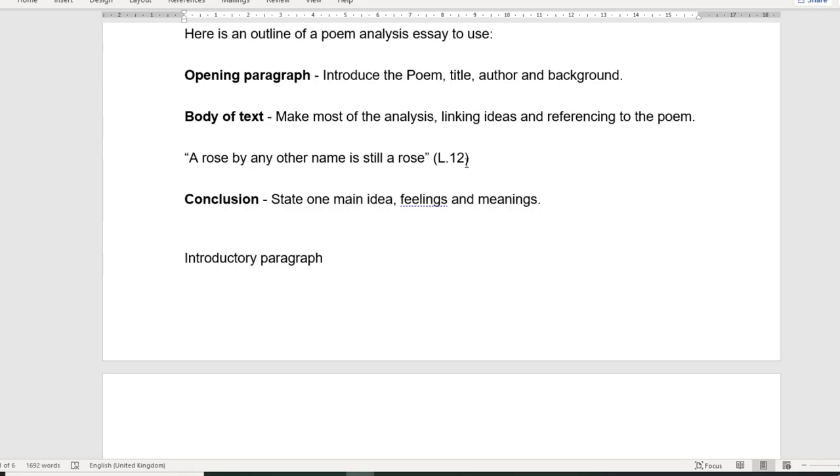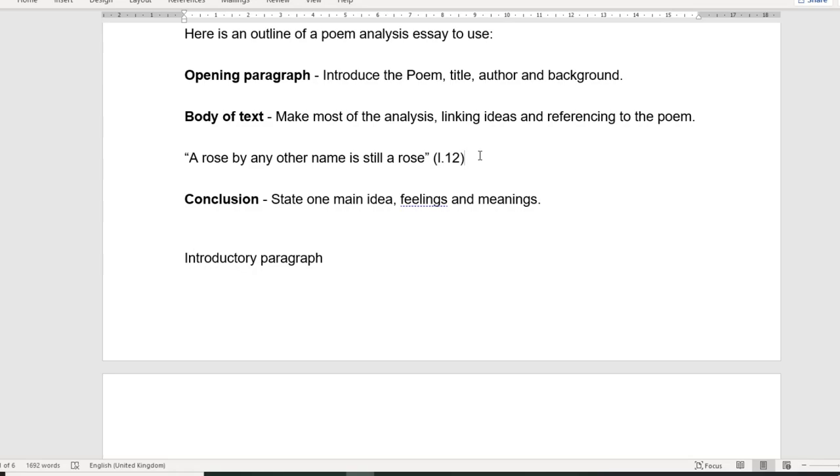So let's say I was reading a poem and I took a quote out of it. I want to use this quote, and the quote is, "A rose by any other name is still a rose." I will put in brackets line 12, because that is where I got the answer from. Sorry, it should be a small l, not a capital letter L. So it'll look something like this in your essay.